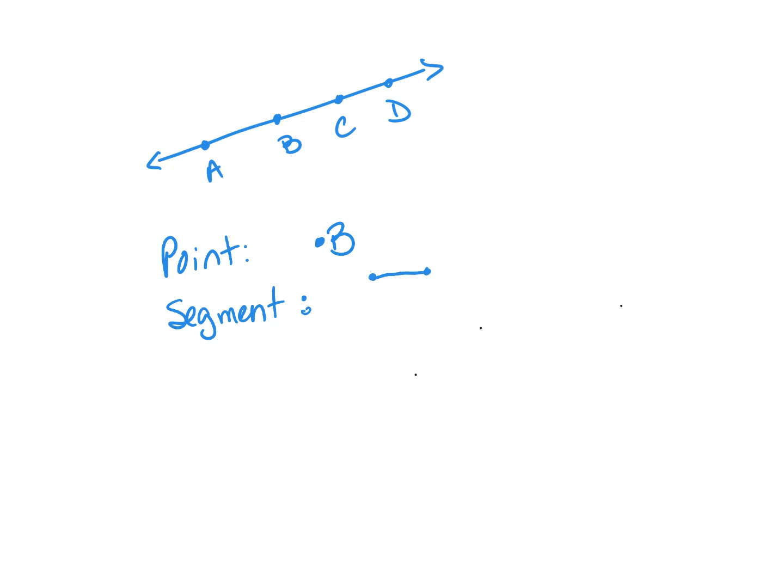But you can pick any two letters on that line and that will give you the segment that you're talking about. So if they tell me that segment AC equals 4, measures 4, then that means from here to there, it measures 4.